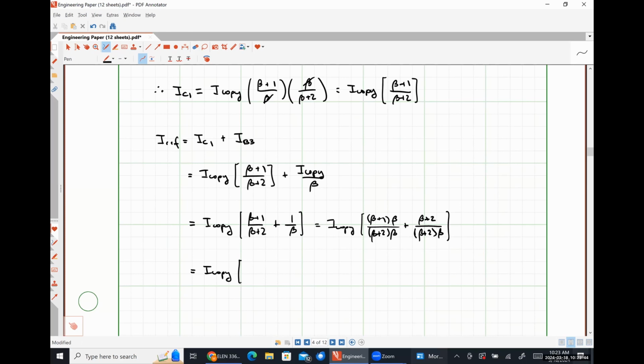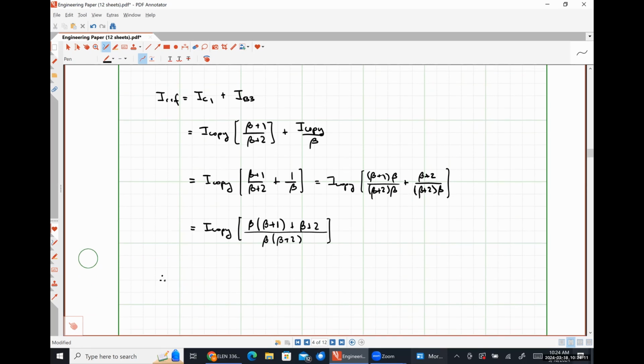And that gives me I copy of beta times beta plus 1 plus beta plus 2 divided by beta times beta plus 2. And therefore, I copy is equal to IREF times the reciprocal of that ratio.